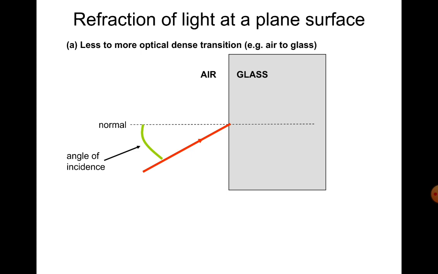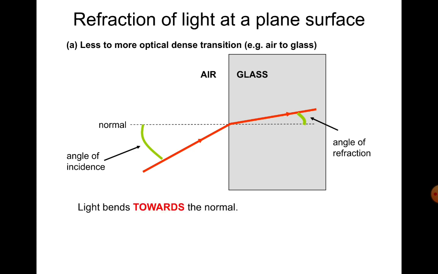Look again at how you have to construct the angle of incidence: you find the angle of incidence between the ray of incidence and the normal. Then the ray is coming out, and again you measure the angle between the refracted ray and the normal. And we see that light bends towards the normal.